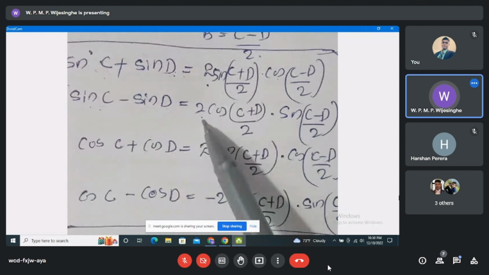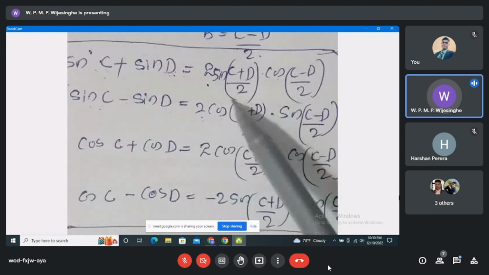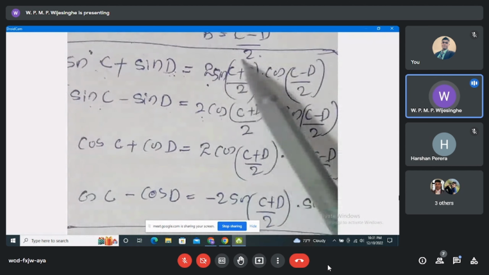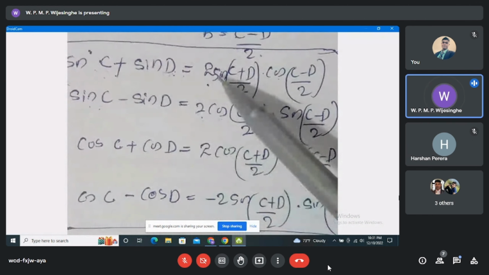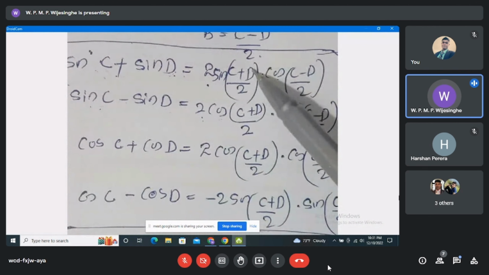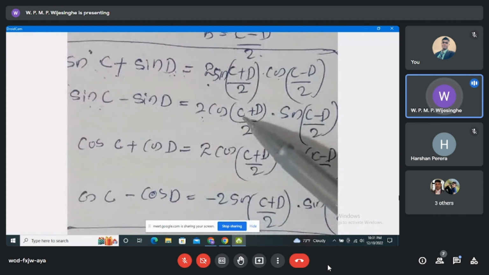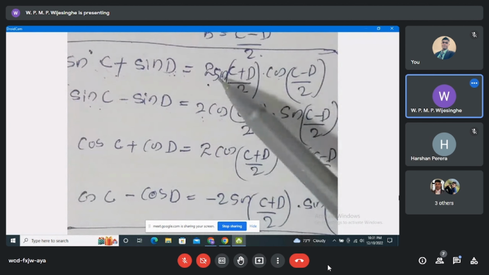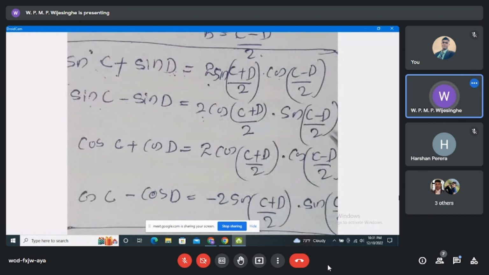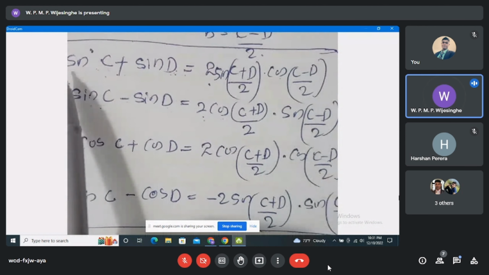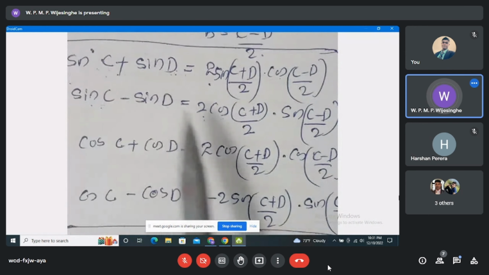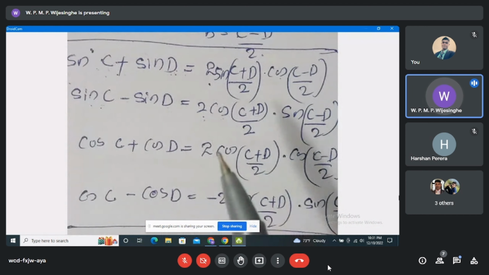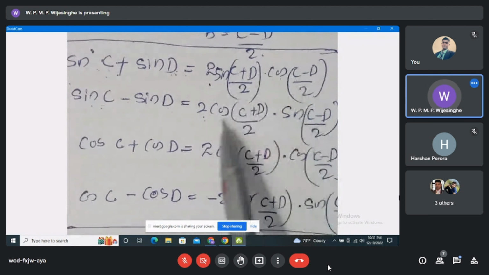The difference between these two is that here sin has half of the summation of the angles, and here cos has half of the summation of the two angles. When it is plus, sin has half of the summation of the two angles, right? When it is minus, cos has half of the summation of the two angles, right? Both have sin cos terms when it is the sum or difference of sines, right?